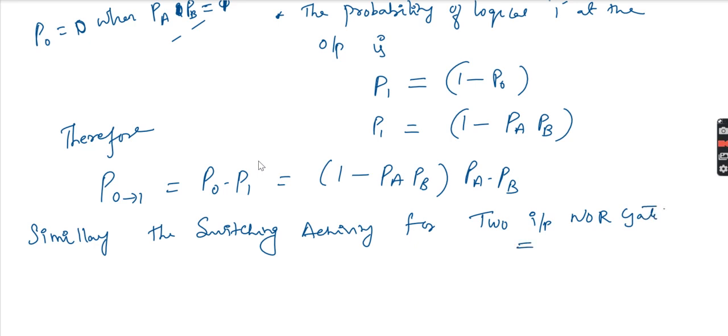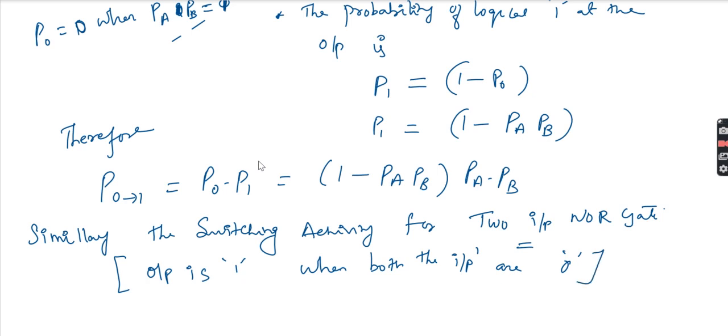For a 2 input NOR gate, the output is 1 only when both the inputs are 0. I hope it's clear, right? Only when both the inputs are 0 will I get the output as 1.